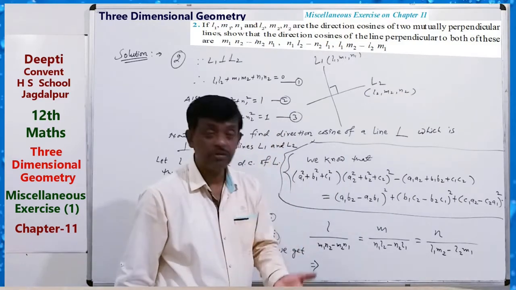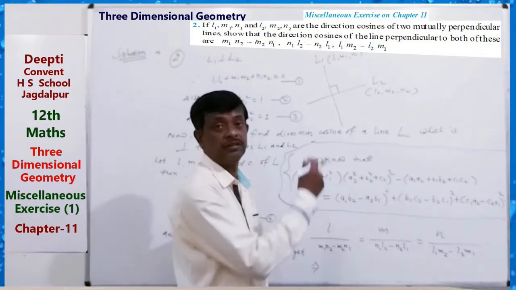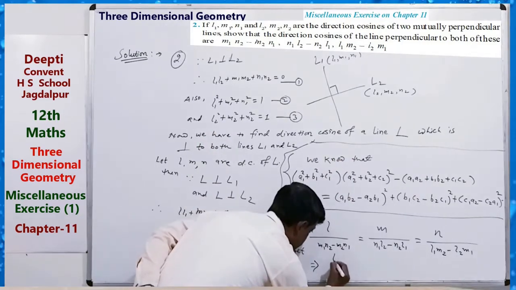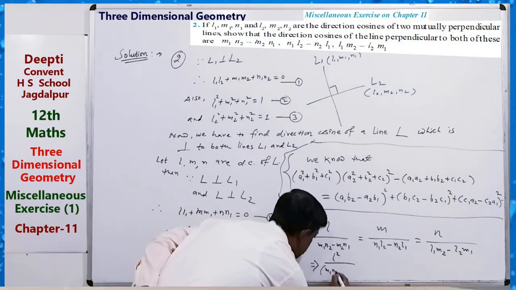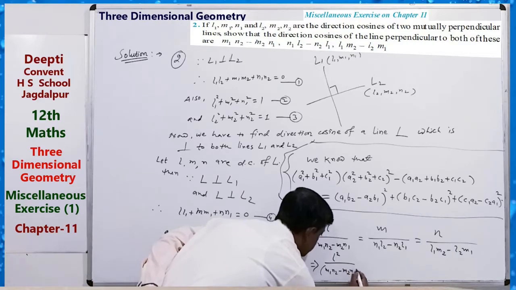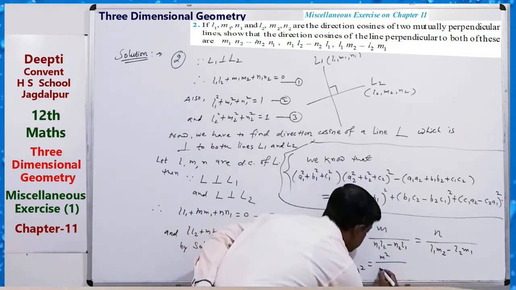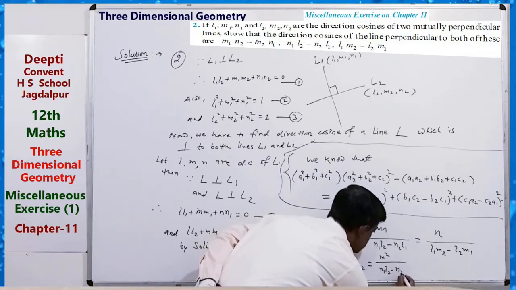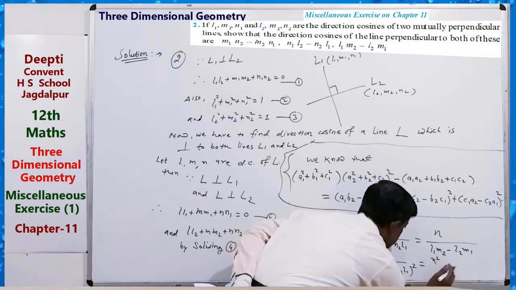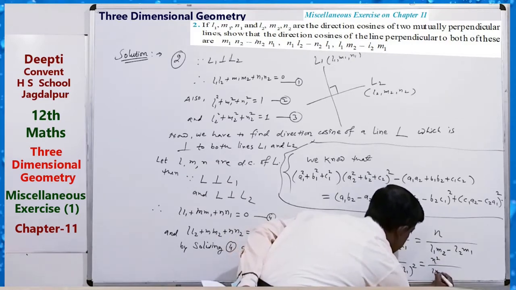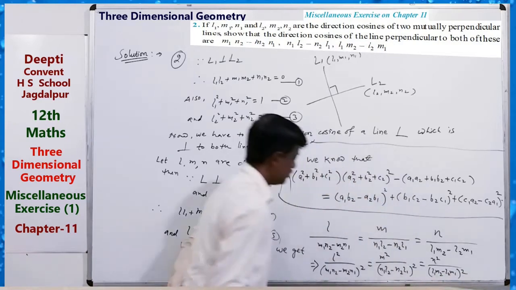But before summing, just squaring the upper and lower sides. l square upon (M1 N2 minus M2 N1) square, m square upon (N1 L2 minus N2 L1) square, is equal to n square upon (L1 M2 minus L2 M1) square. Just squaring.